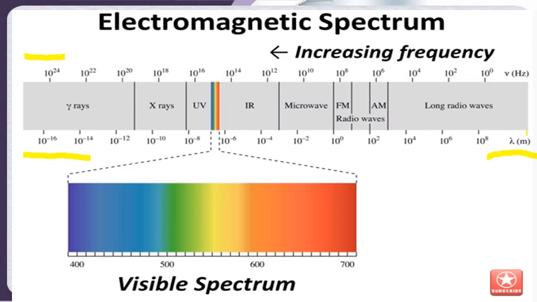Now here we have different regions of it: gamma rays first of all, then X-rays, then ultraviolet, then we have the visible region, which is being shown over here, and then the IR region, that is infrared region, microwave, radio waves, and then we have the long one, sound waves will be there, right?